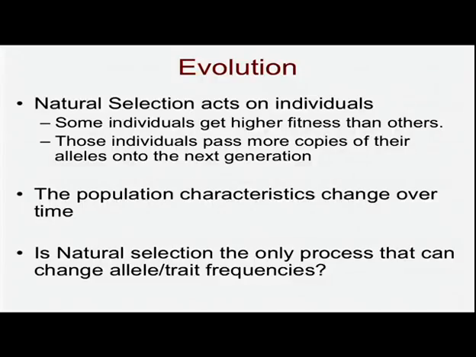Okay, so we're going to continue to talk about natural selection, evolution, right? Our favorite thing ever. Remember that natural selection acts on an individual, right? It's the individual that has an adaptation that allows it to survive and reproduce better than the average.